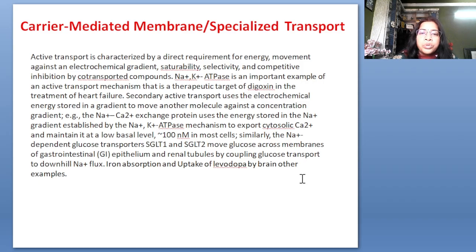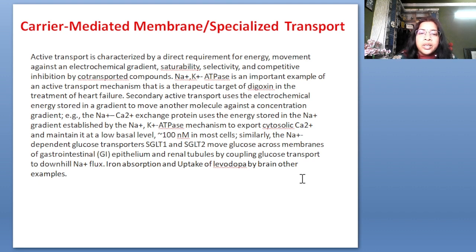For example, the sodium-calcium ion exchange protein uses the energy stored in the sodium gradient established by the sodium-potassium ATPase mechanism to export cytosolic calcium and maintain it at a low basal level, almost equivalent to 100 nanomolar in most cells.